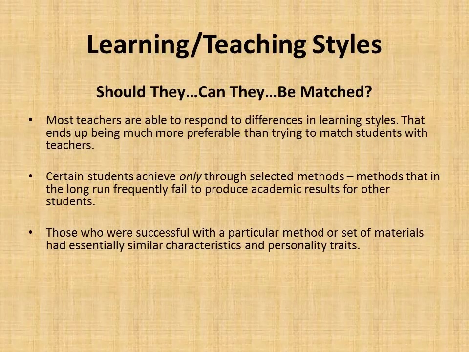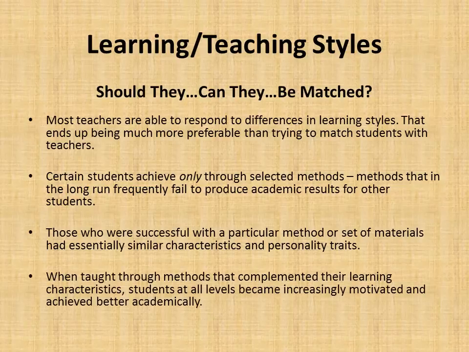But those who were successful with a particular method or set of materials essentially have similar characteristics, similar personality traits. So when they're taught through methods that complement their learning characteristics, students at all levels, all ages, become not only increasingly motivated, but they also achieve better academically.